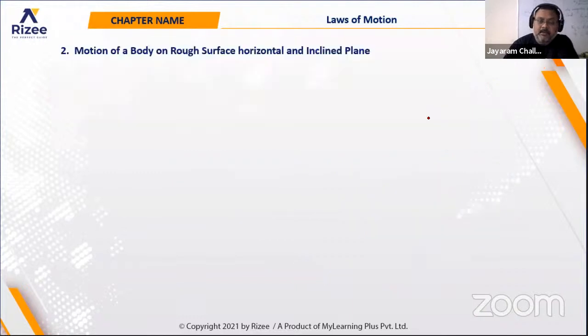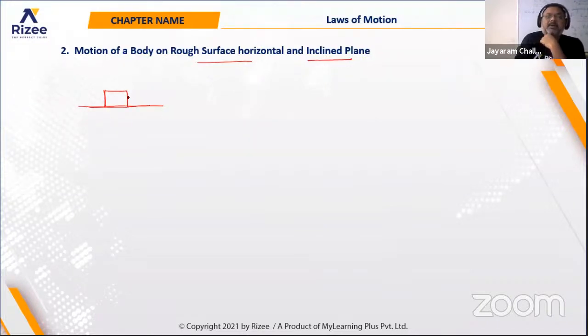Next one. Motion of a body on a rough horizontal surface, and also an inclined plane. Consider a body placed on a rough horizontal surface. Suppose it is already moving with an initial velocity u. Since it's a rough surface, the friction is going to act in the backward sense.